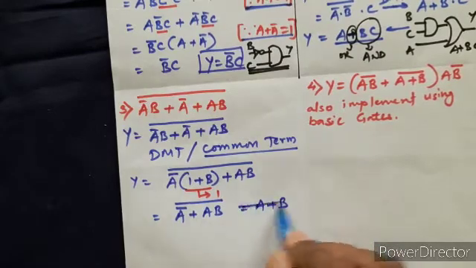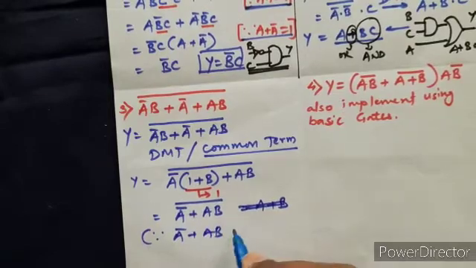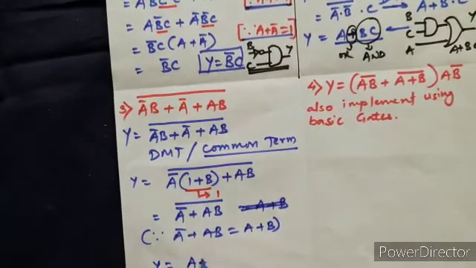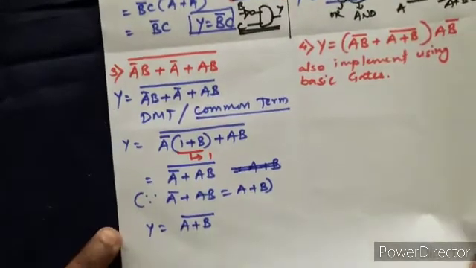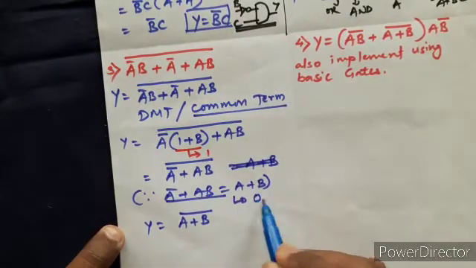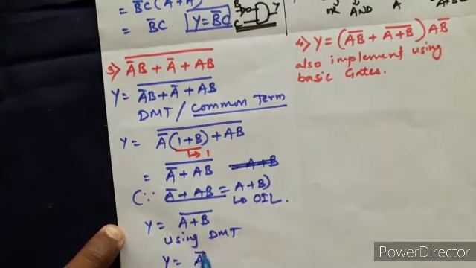So since A bar plus AB equals A plus B, my Y is A plus B whole bar. Okay, this we have seen in other important laws. And now using De Morgan's theorem, Y equals A bar dot B bar.